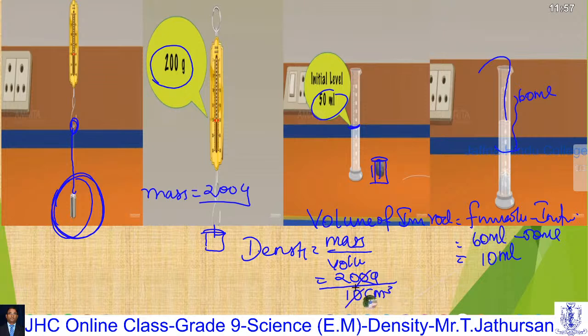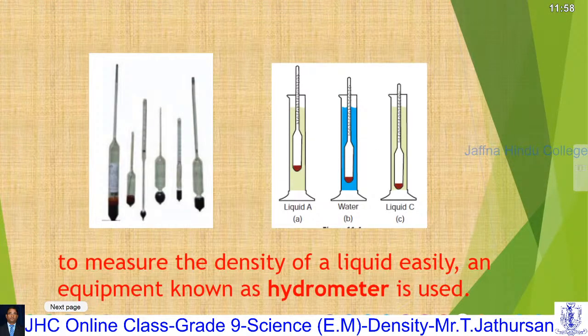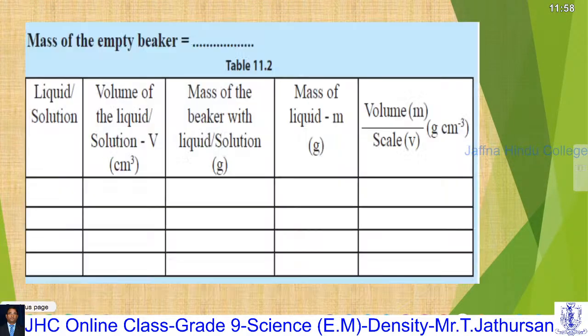So what is the answer? 20 gram per centimeter cube. Right.